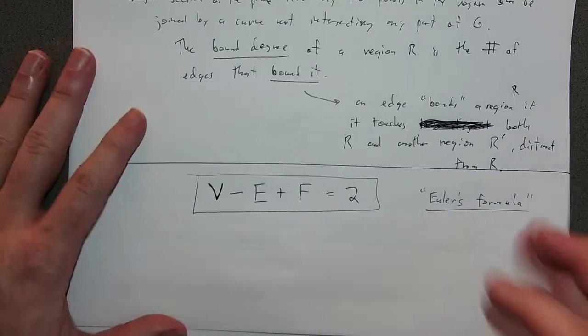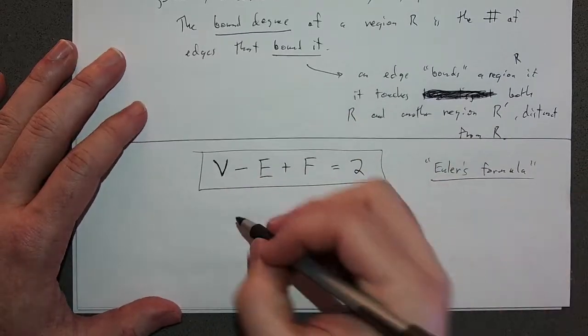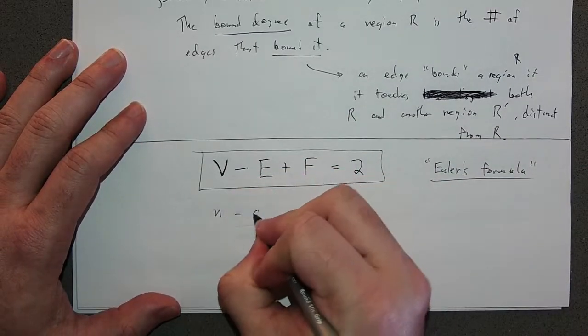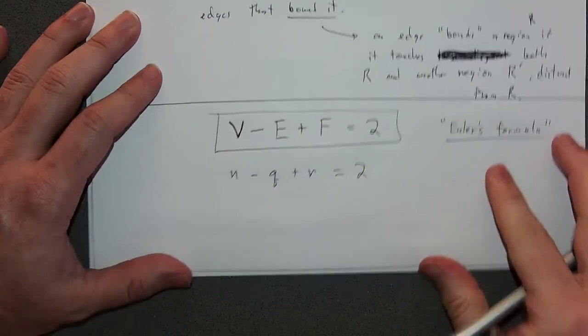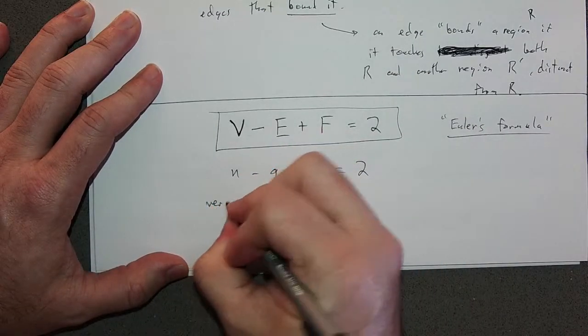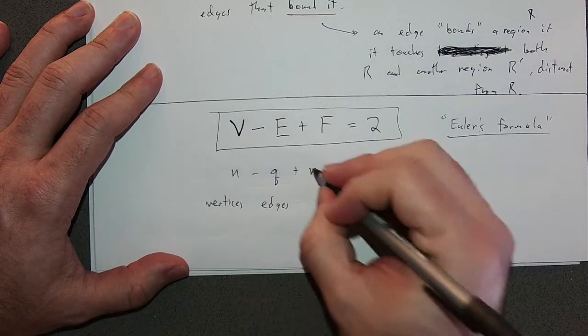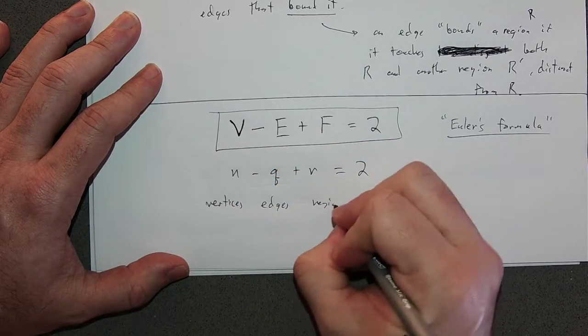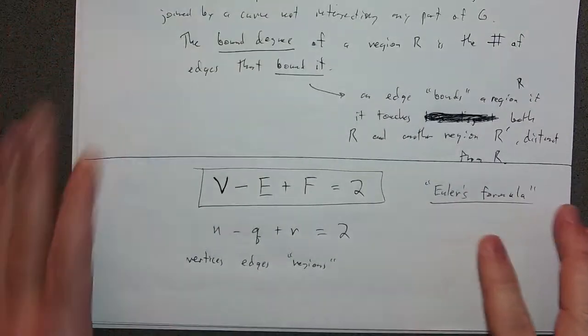Again, the form that we're going to see it in first, before we rephrase it for regular polyhedra, or just for polyhedra period, is this. It is the vertices, edges, and the regions, if you like. Here, this F refers to faces.